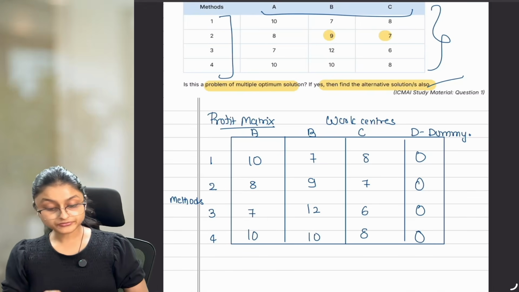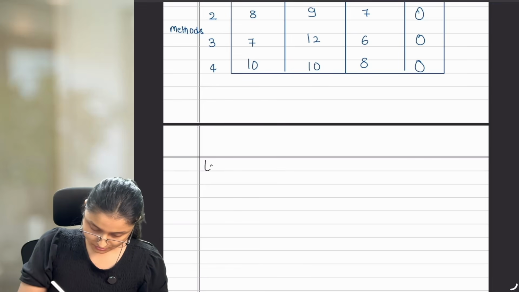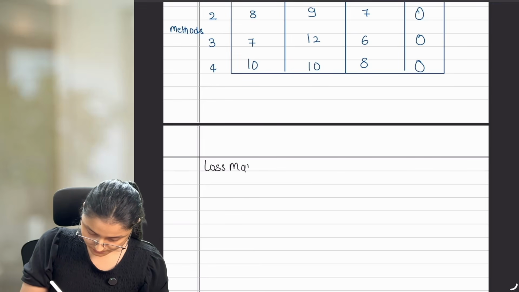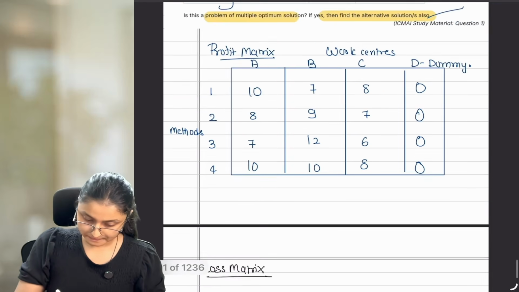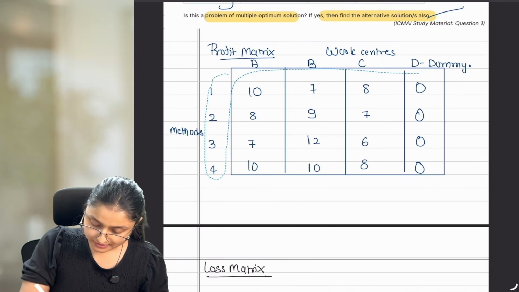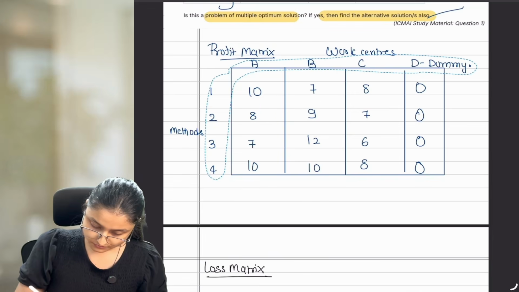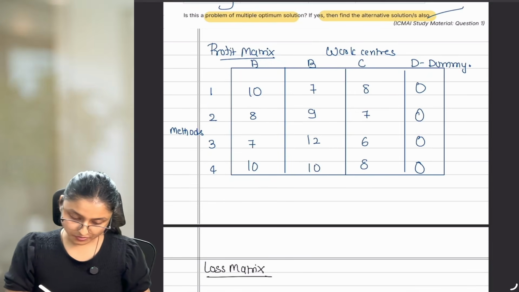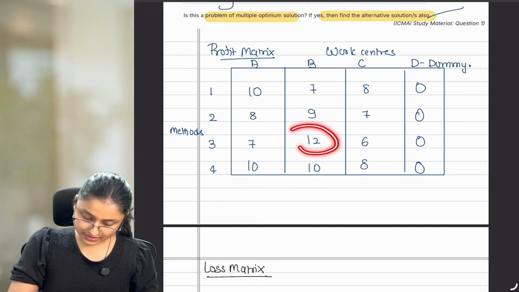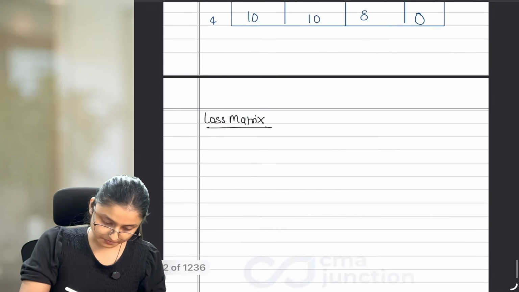Okay? After doing this only, you will make your loss matrix. For making the loss matrix, you have to find out the highest profit given in your table. So what is the highest profit here? 12 is the highest among all of the available.